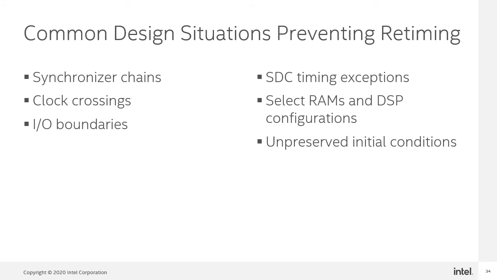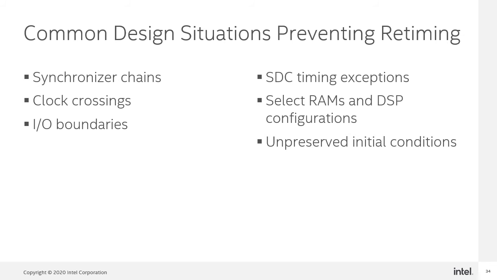I/O boundaries. The first register fed by an input and the register directly feeding an output will not retime. 4. SDC timing exceptions. Registers targeted by false paths, multi-cycle, or max and min delay constraints will not retime, nor will any registers within the path of the constraint.